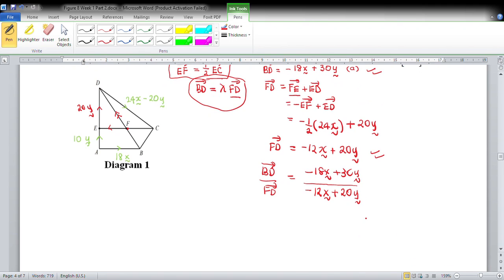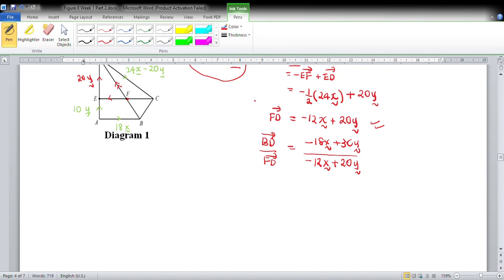How do I do this? I try to factorize. For BD, I take out negative 6, so I will have 3x minus 5y, and in my denominator, negative 4.